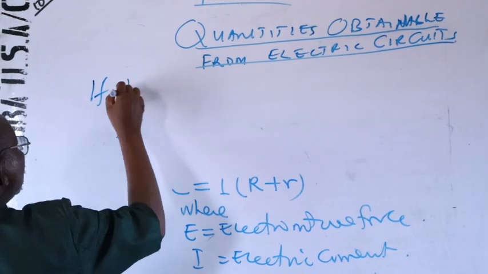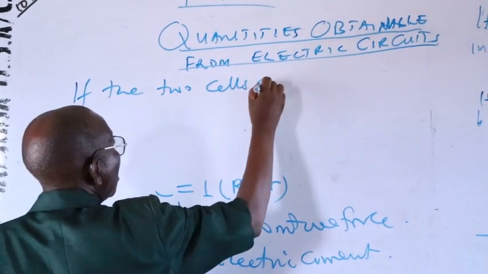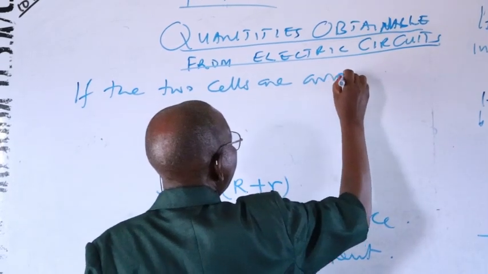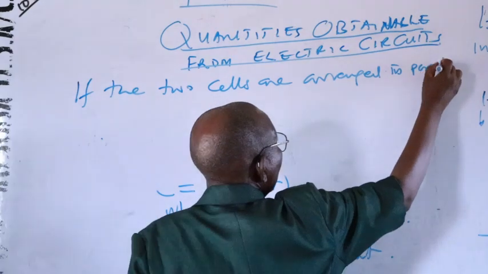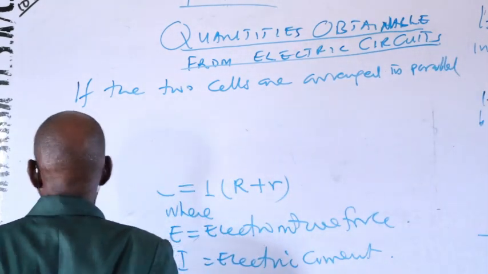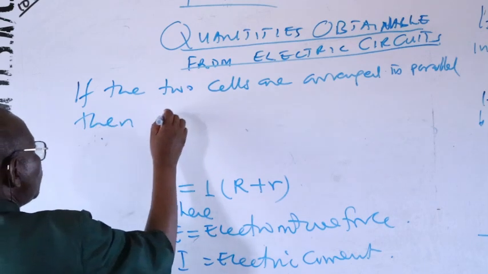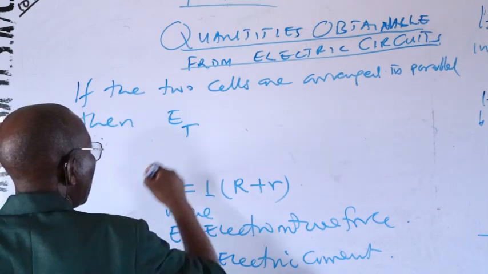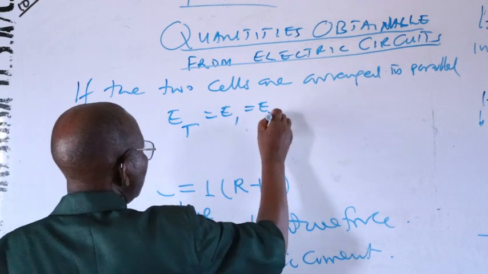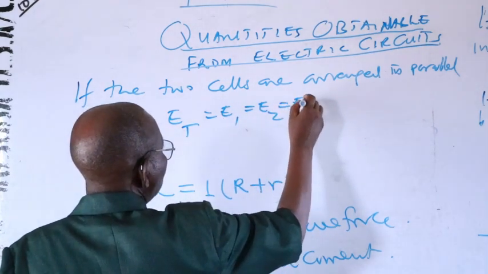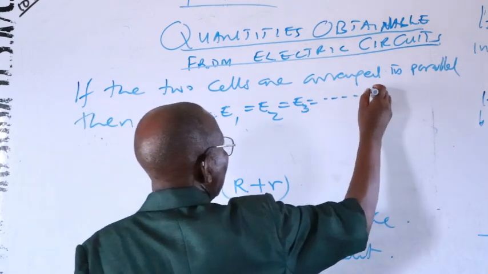If the cells are arranged in parallel, you use E total equals E1 equals E2 equals E3 equals En.